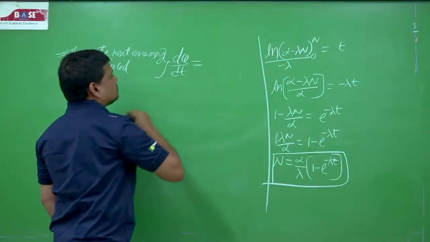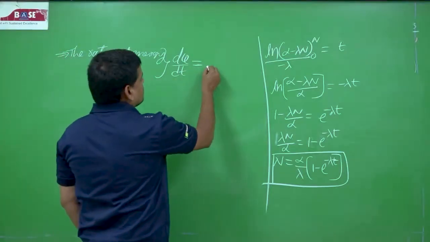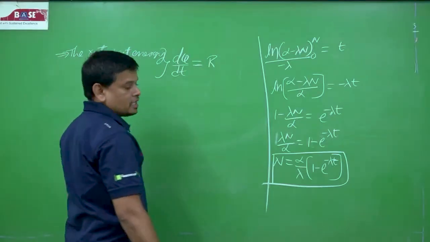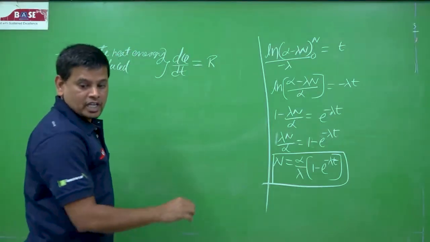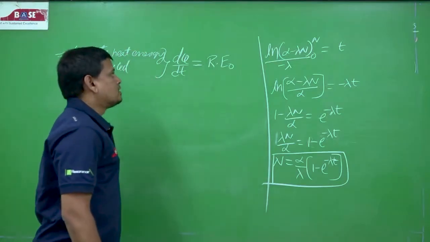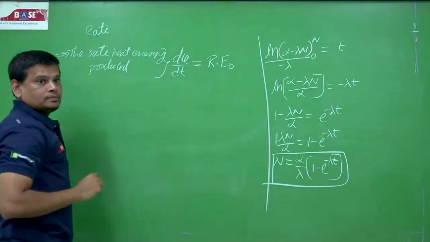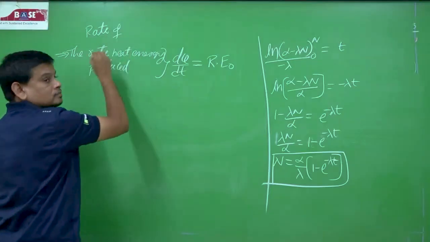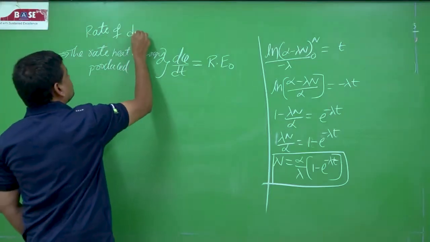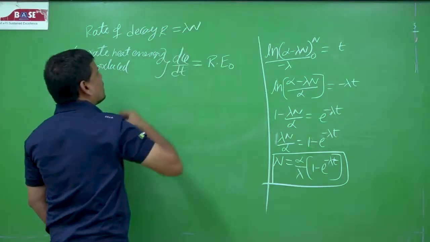That is equal to the rate of decay multiplied by the energy liberated. R is the rate of decay, and the rate of decay R can be represented as lambda times N.